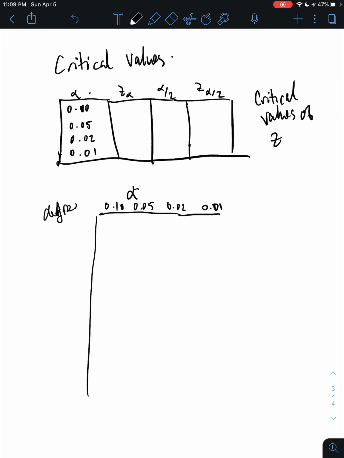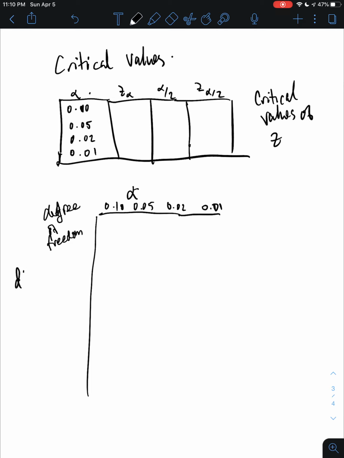I said that the tables depend on n, but for theoretical reasons, we don't use n in our table. We use a concept called degrees of freedom, but there's a very close relationship between n and degrees of freedom.